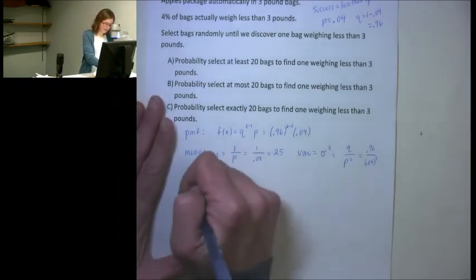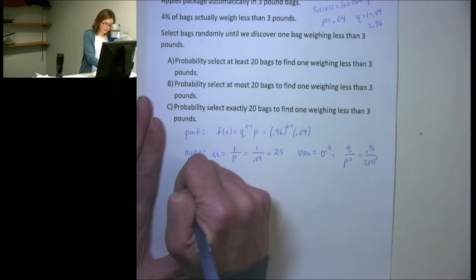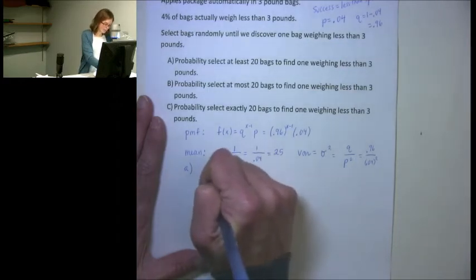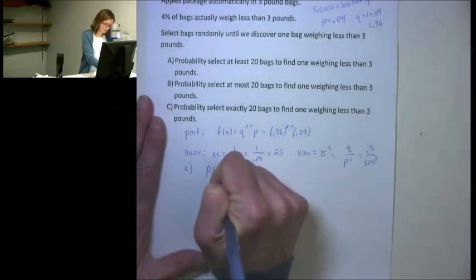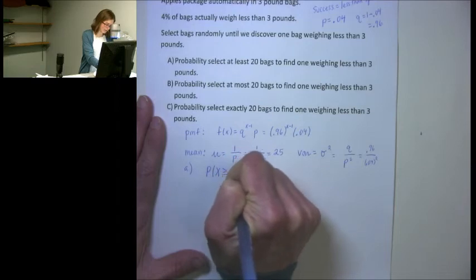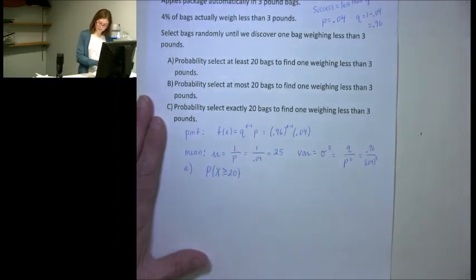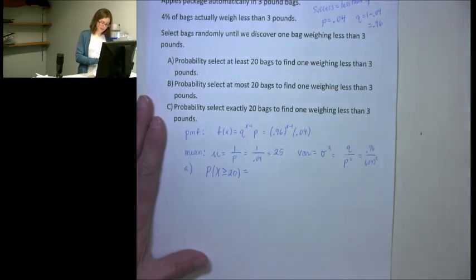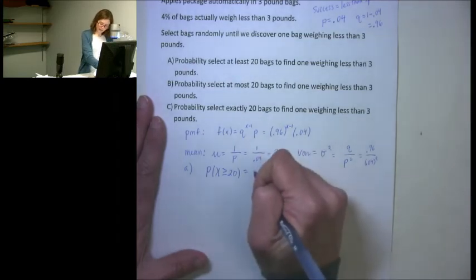Okay, so now coming back to answer the questions. Question A, I want to find the probability that we need to select at least 20 bags to find one weighing less than 3. So at least 20 means x is greater than or equal to 20. So this means that I'm going to have at least 19 failures.